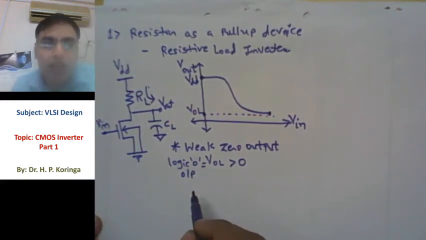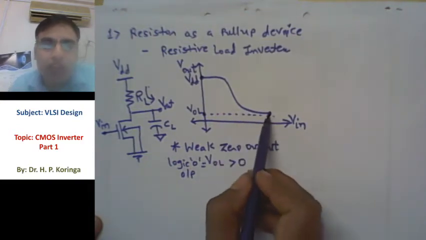I hope you understand the difference between a weak logic 0 output and a strong 0 output. So the resistive load inverter has a weak logic 0 output, which is one of the disadvantages of a resistive load inverter.